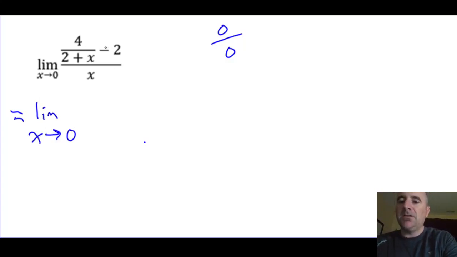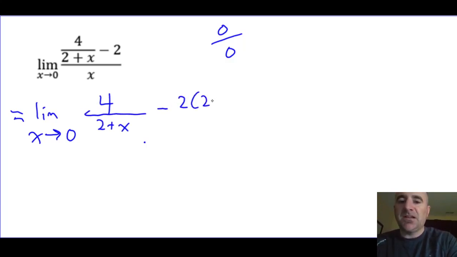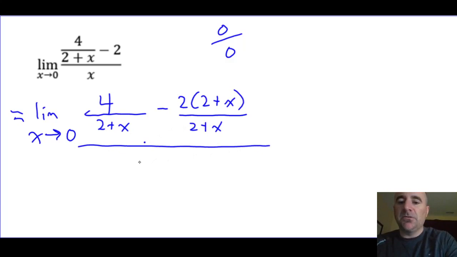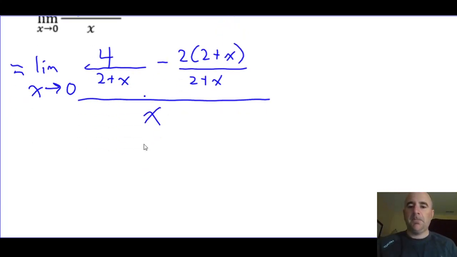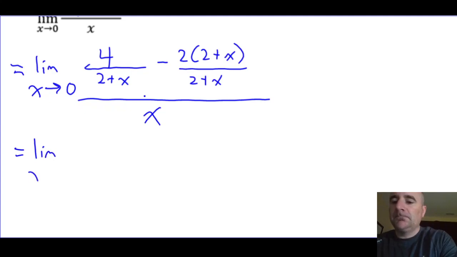So I'm going to combine the two numbers on top using a common denominator. I get 4 over 2 plus x, subtract 2 times 2 plus x over 2 plus x. All of that is still over x. All right, well, going from there, I can now combine the top.